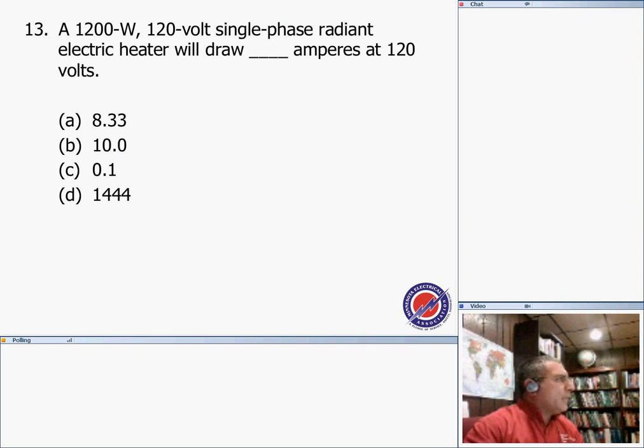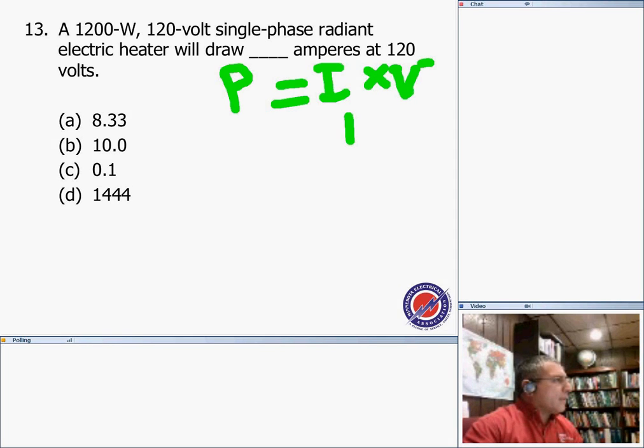Moving to number 13: at 1200 watts, 120 volt single phase radiant electric heat will draw how many amps at 120? This is very easy, guys. The power equals the current times the voltage, and if I need the current, it equals the power over the voltage.